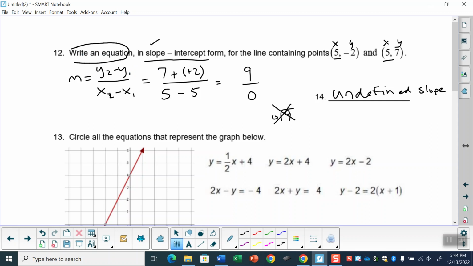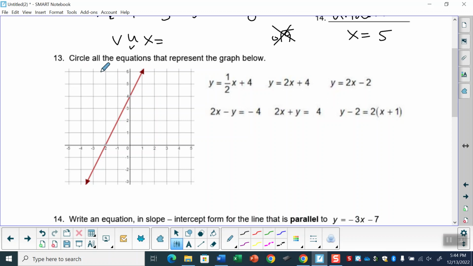But I want an equation, right? So the equation is going to be x equals, always, x is going to be 5, right? Remember, VUX. If I have a vertical line, it's an undefined slope, so that's always going to be x equals something. And in this case, x is always equal to 5.